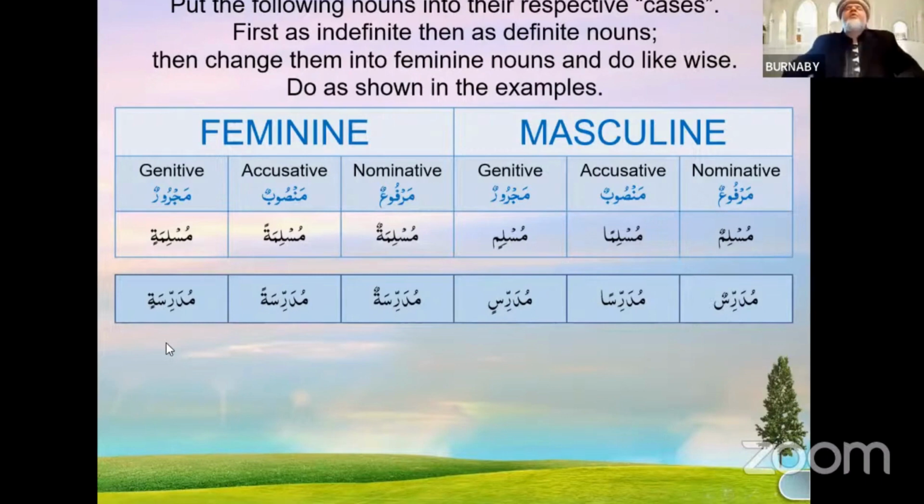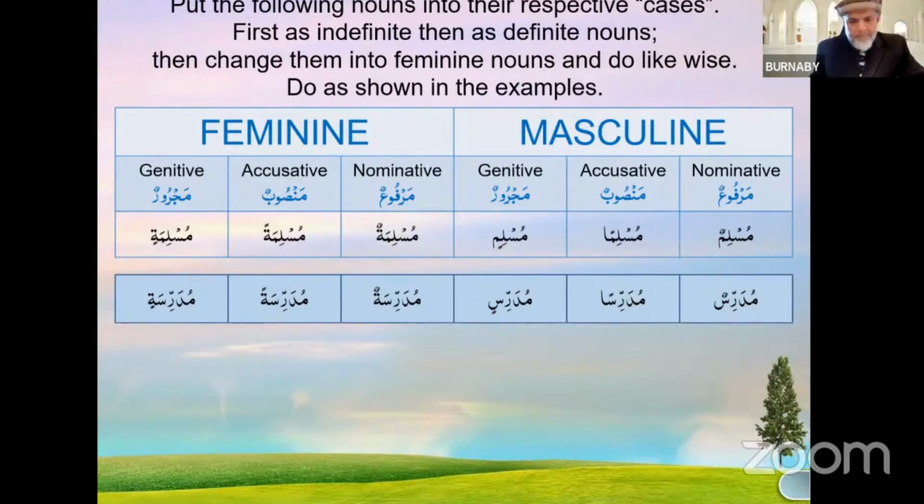Okay, brother. Can you give me an example of Mudarrisatin in the status of jar? Like what will be the example? So if in a sentence you see Mudarrisatin, what is the role or function of Mudarrisatin in that sentence?